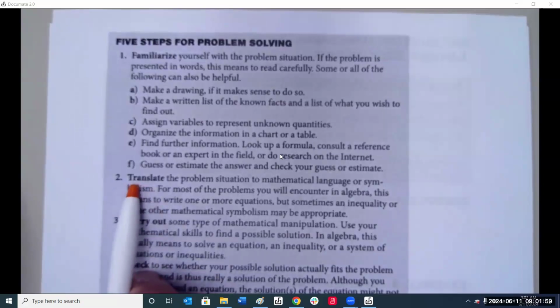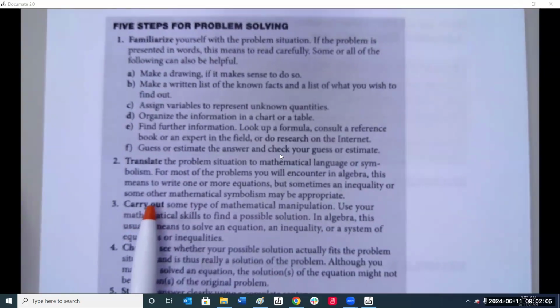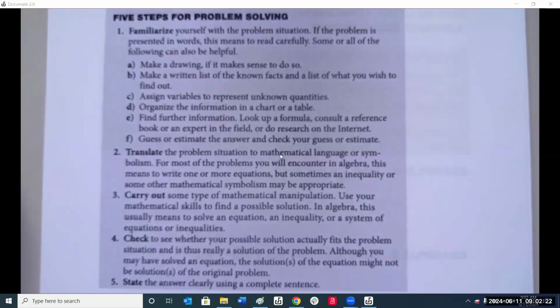So first, after you read the question, translate from English to math. Then use the formula, plug in your stuff, work it out, and always check your answers. Make sure your answers are correct. And then in word problems, your answers are always word answers. It's not just a number, it's a sentence that describes the answer.